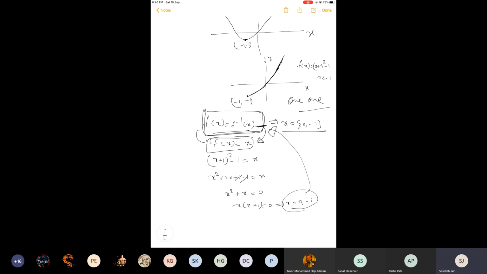Then everything will be all right and B will be the answer, not a correct explanation. Why? Because the correct explanation would have been, instead of saying that f is a bijection, they should have written that the solutions of f(x) equal to f inverse(x) are the same as that of f(x) equal to x. Because if they ever meet, they will meet on y equals x. This is the explanation. So I don't know why they have not mentioned anything about the codomain.